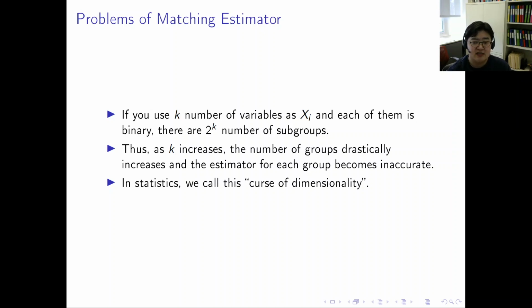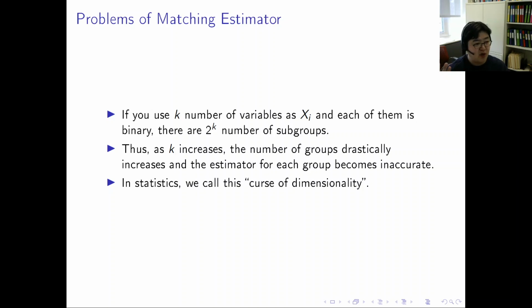So it is a problem in practice, and your estimator will be inaccurate because your effective sample size is smaller for each subgroup. This problem is referred to as the curse of dimensionality. As the dimension increases, the problem increases exponentially, not proportionally. So it's easily out of our control, and we cannot handle this problem.